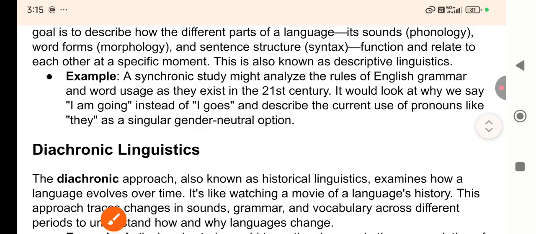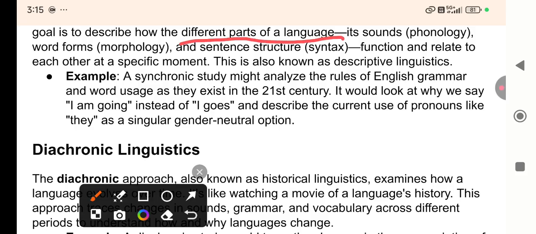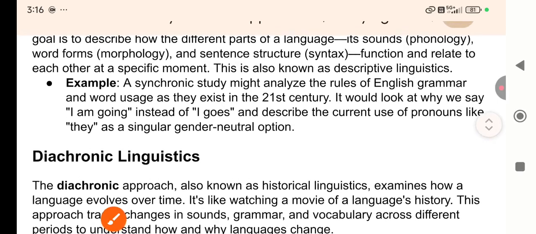The goal is to describe how the different parts of language, meaning grammar and vocabulary, that is, its sound, phonology, word forms, morphology, and sentence structure, syntax, function and relate to each other at a specific moment. This is known as descriptive linguistics.